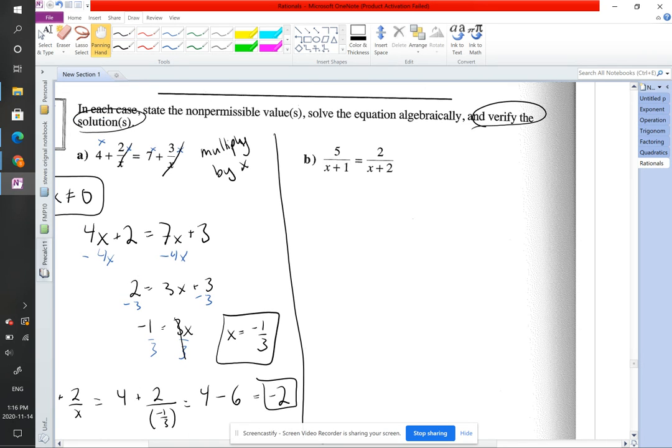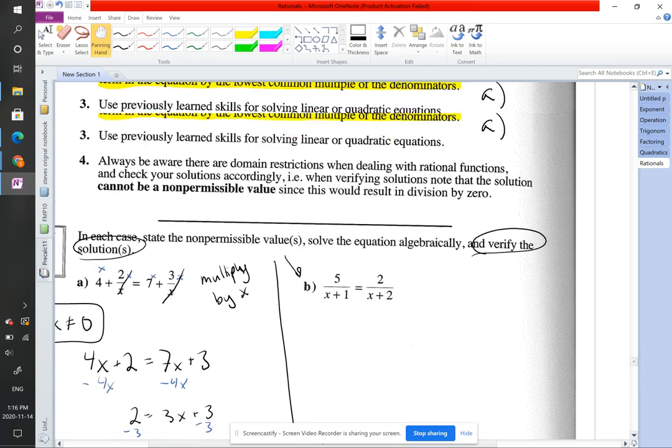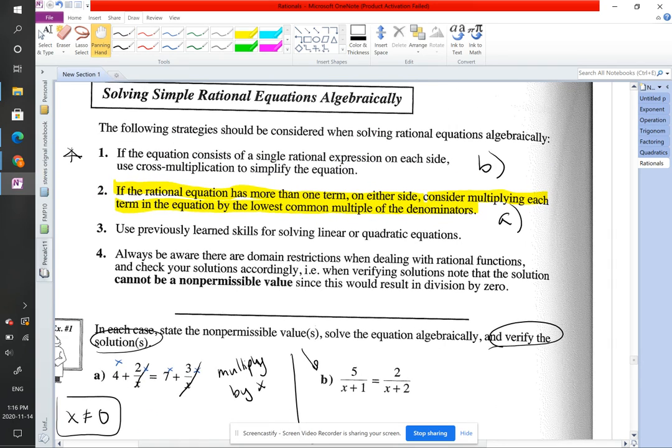In this case, we have only one term on either side of the equation. So I'm doing B now. So if we go back up, it says if the equation consists of a single rational expression on each side, use cross multiplication to simplify the equation.